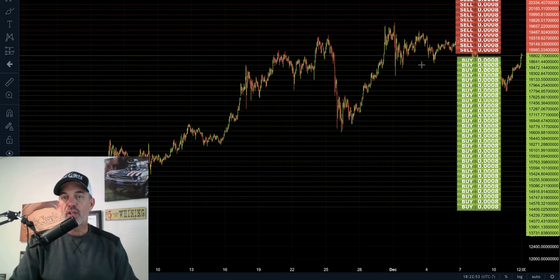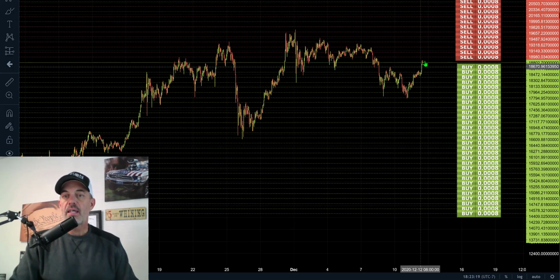And what I'm really looking for out of this grid bot is on these big retracements to be buying on the way down and then selling on the way back up. And so if we see another big sell-off, which we may very well see if we reach around 19,000, we may see that act as resistance and see another sell-off.